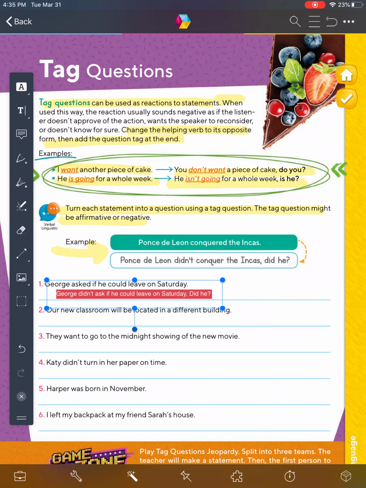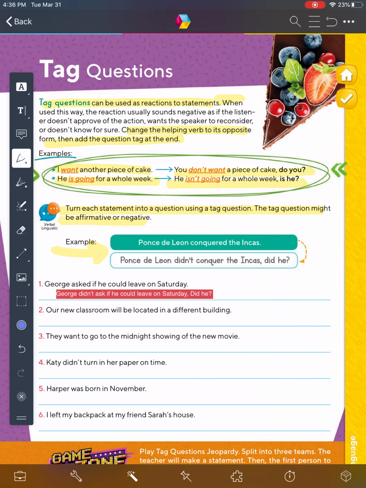Okay, now I'll explain it again. George asked if he could leave on Saturday. That's what someone is telling you, but because you don't believe it, then you answer in the opposite form. George didn't ask if he could leave on Saturday, did he? So what you do is, if the sentence is in an affirmative form, you change it to negative, okay?